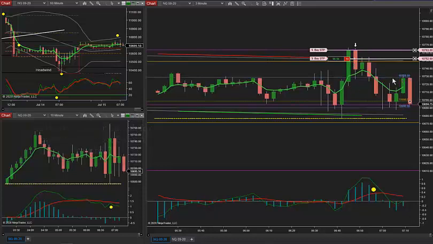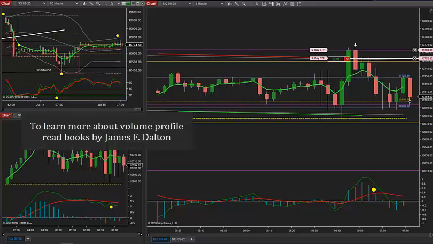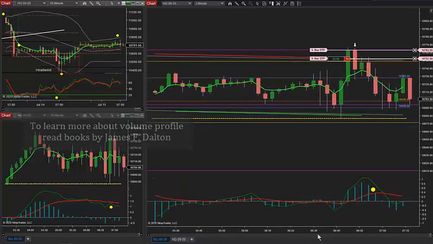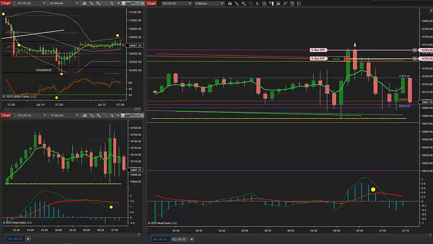By the way, the blue lines are considered value areas, and the kind of gold line is considered the point of control. I'm not a huge volume profile person. I just like the levels from time to time. If I'm trading a difficult market, it can be a tool that I have in my toolbox.